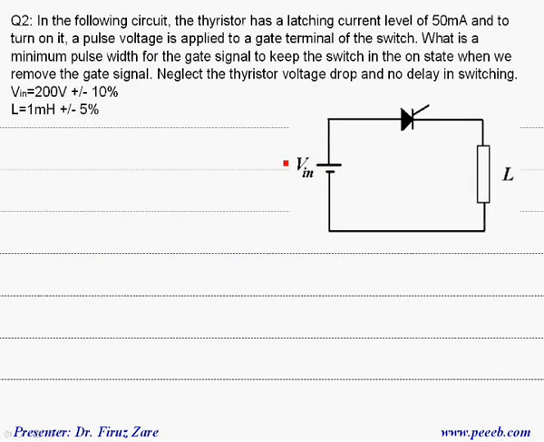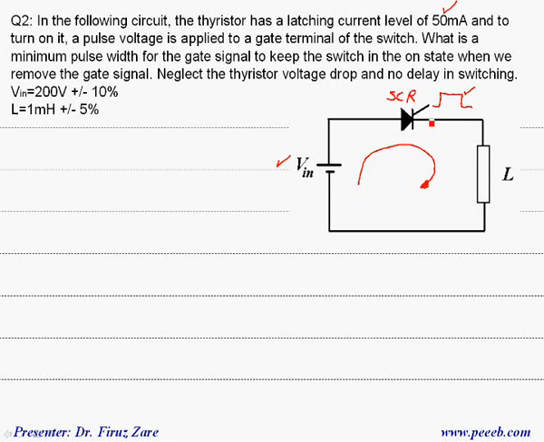In this question we have a DC voltage which is basically 200 volts plus minus 10%, and when we apply gate signal we turn on this thyristor. But the point is that when we remove the gate signal we have to find the current through the thyristor, and if the current is less than latching current, that means the thyristor will be turned off.